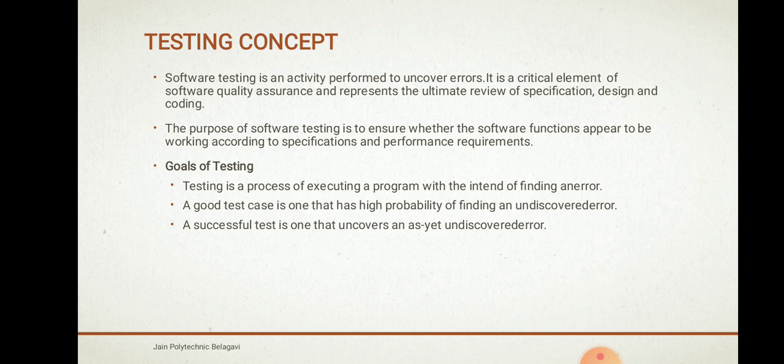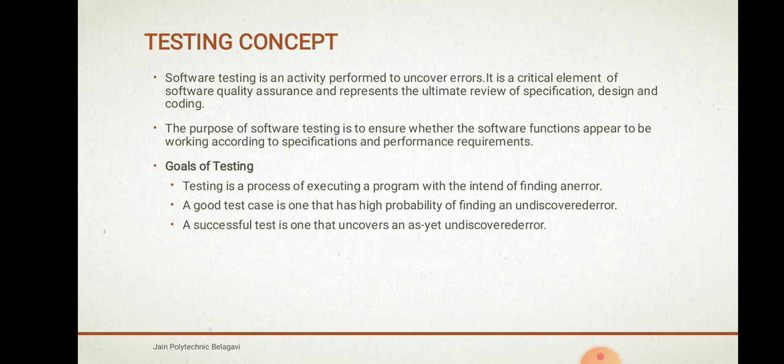The main aim of the testing is whether the software is working according to the requirements that had been given during the requirement phase. So it is checked with the software requirement specification as well as the performance requirements, to see whether the software is working according to the requirements or not.